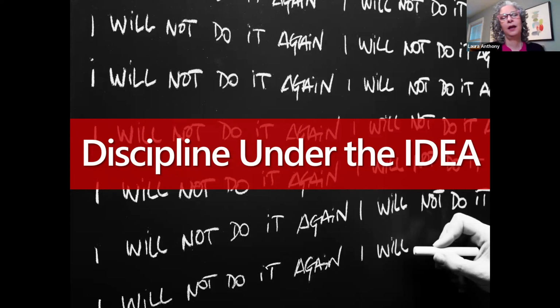Okay. But as some background, why do we have different rules, or I would say some enhanced rules, for students with disabilities? Well, it's because of that thing that I talked to you about at the very beginning, because the IDEA has the perspective of a discipline approach, not a punishment approach.